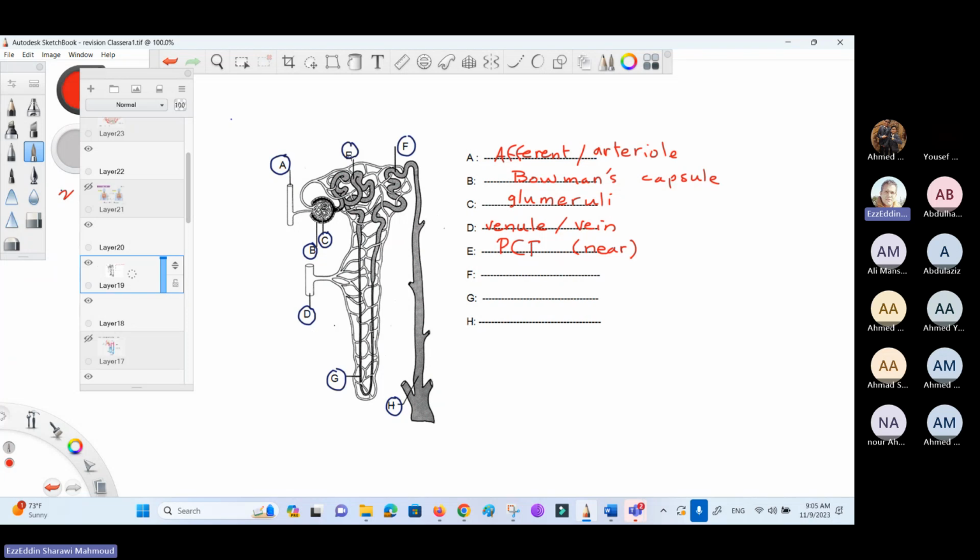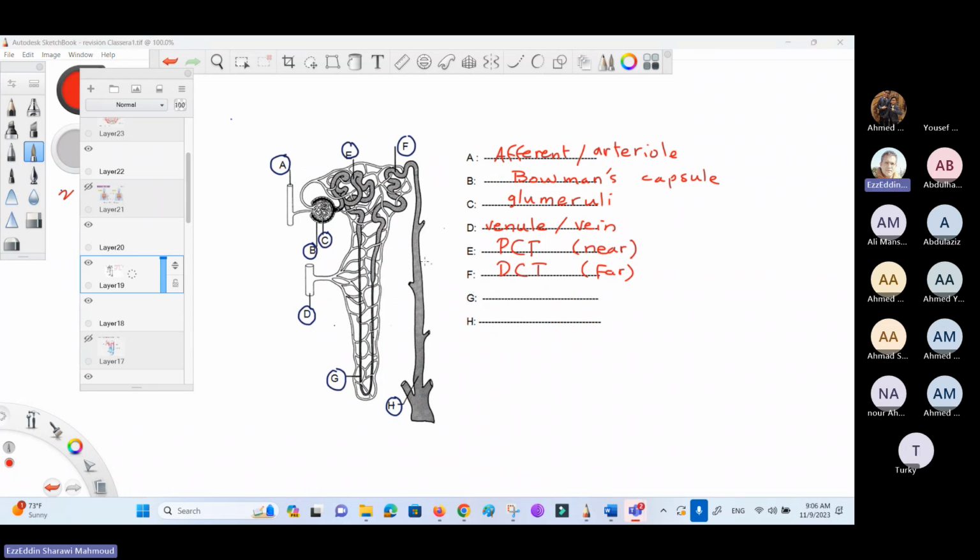After finishing E, go to F. It's a distal convoluted tubule or far convoluted tubule. G, where is G here? It's the linkage between E and F. It's called Henle loop. The last one is a collecting duct. 100% important.